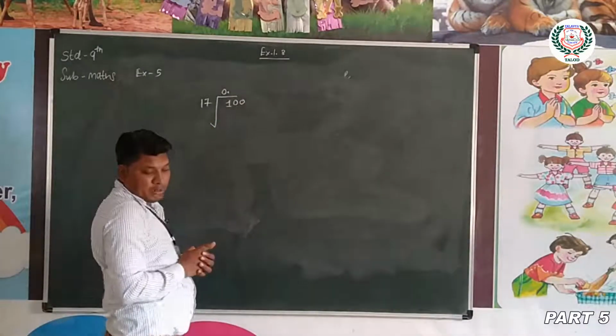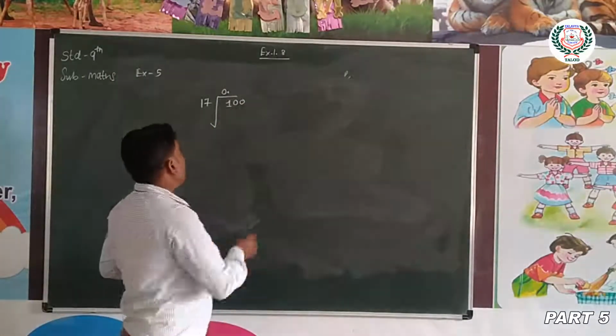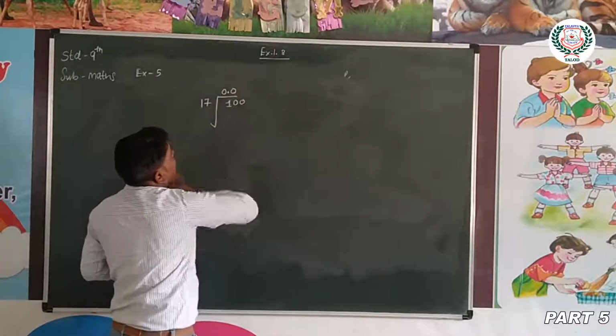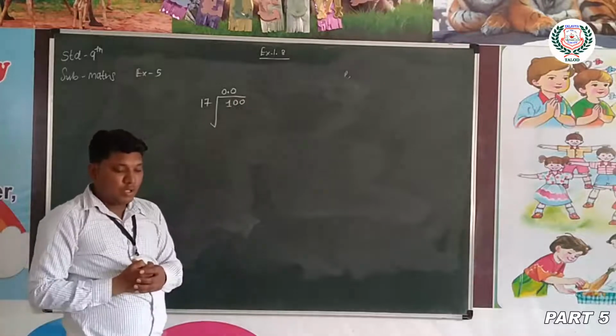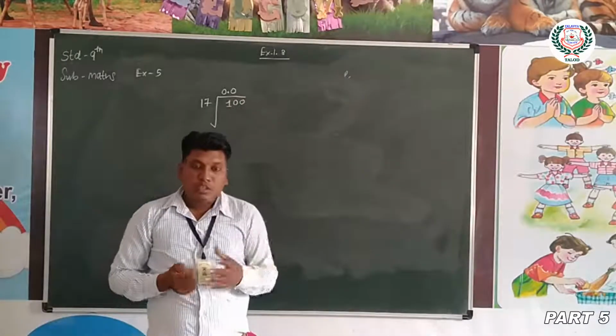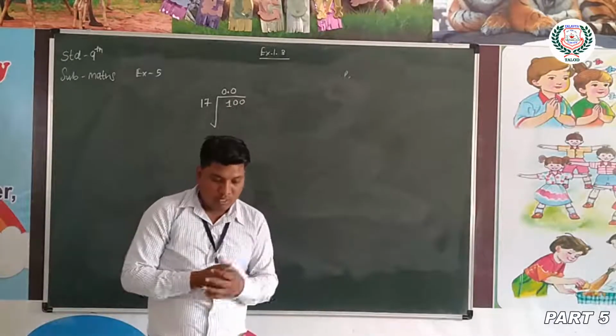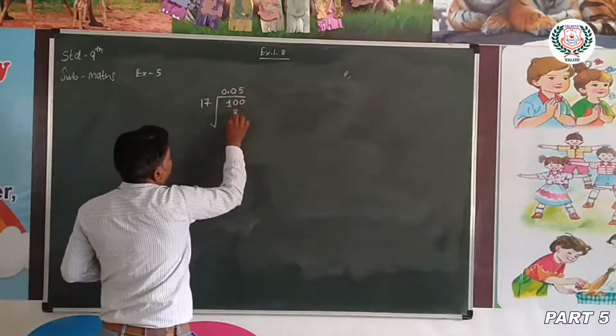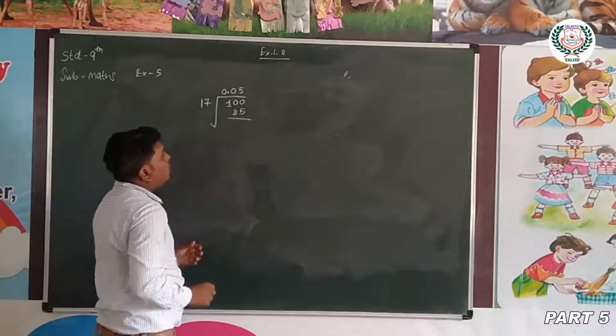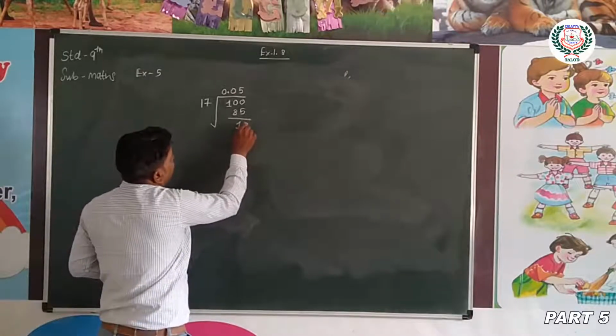Once again we put 0 here. Now we can divide. When you put 0 here, in the answer you also have to put 0. Now you can divide 100 by 17. 100 को 17 से आप डिवाइड कर सकते हो. So 17 fives are 85. Now subtract them, we get here 15.